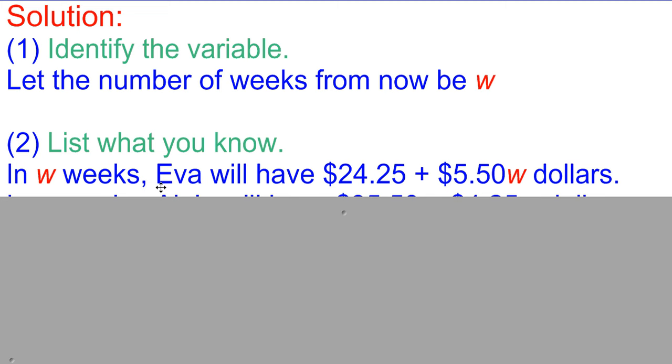Part 2 of our solution is to list. In W weeks, Ava will have $24.25, that's what she already has to begin with, plus $5.50 for every week that we're looking for.